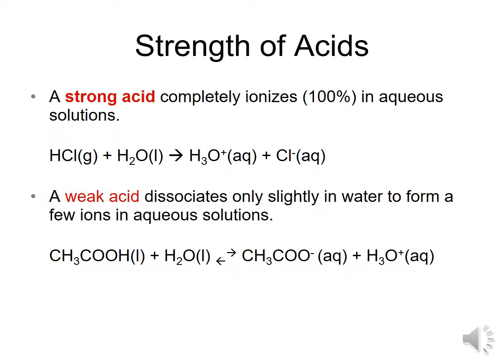It only dissociates slightly. So here we have acetic acid plus water makes acetate plus hydronium. The acetic acid is the acid, acetate is its conjugate base, water is the base, hydronium is its conjugate acid. But the double arrow tells you it's a weak acid. These will not light the light bulb as brightly.